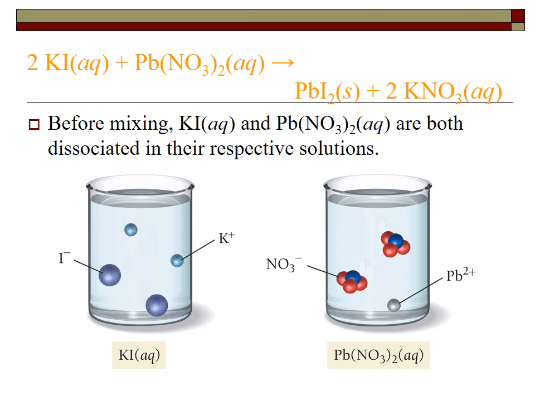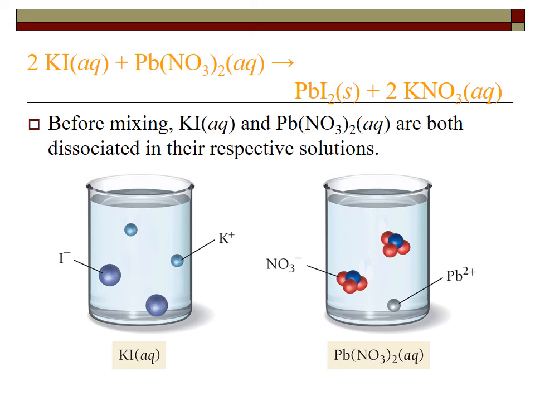So let's look at this example a little closer here. Before mixing the potassium iodide and the lead nitrate, this was the first example we talked about with the yellow stuff going down in the boiling flask. If I looked at my two beakers, potassium iodide is aqueous. Potassium iodide dissolves in water, so I'm going to have potassium cations and iodide anions in my beaker.